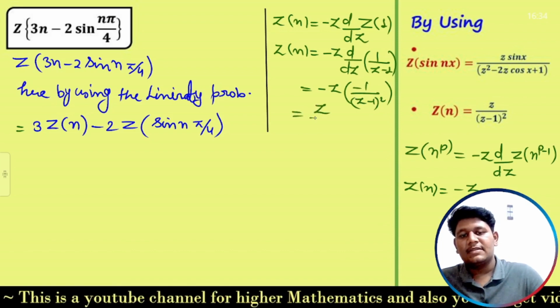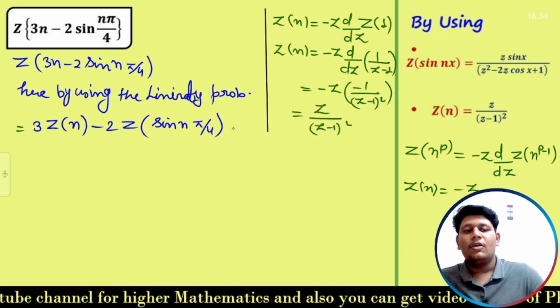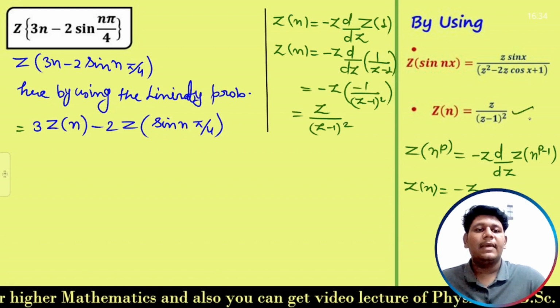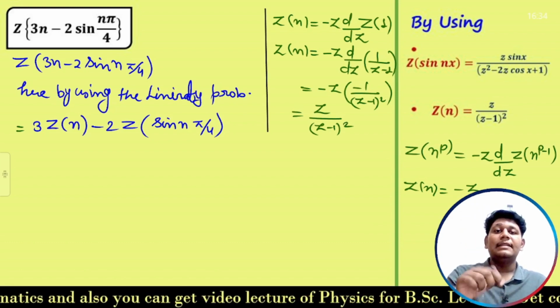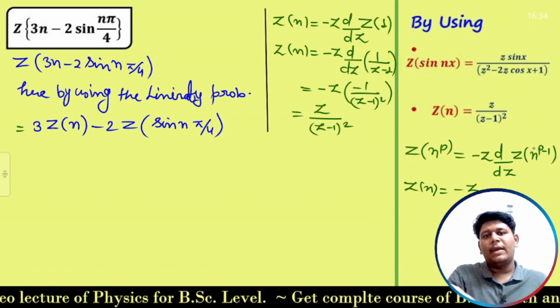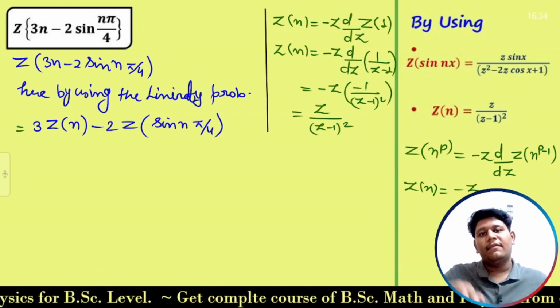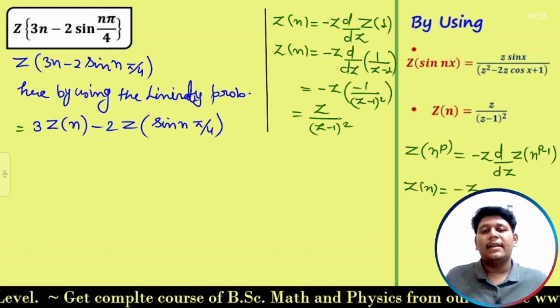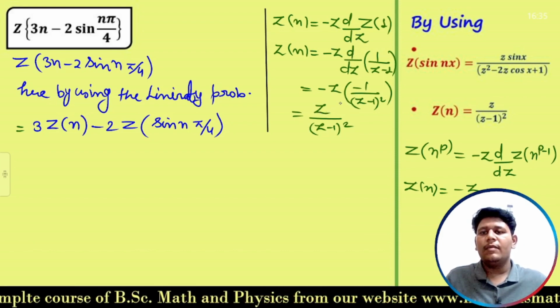So it is nothing but z upon z minus 1 whole square. In this manner we can easily calculate for any power: for n squared, we have this value of n and differentiate it again by u into v.